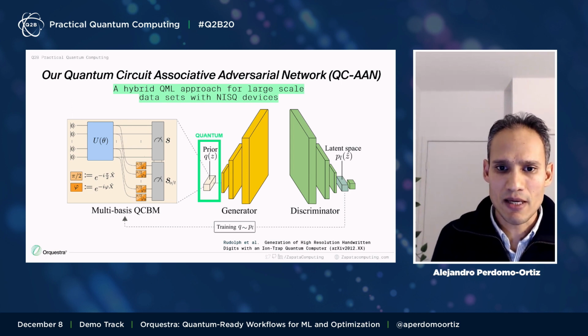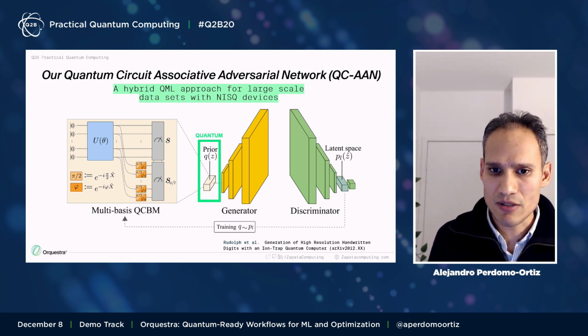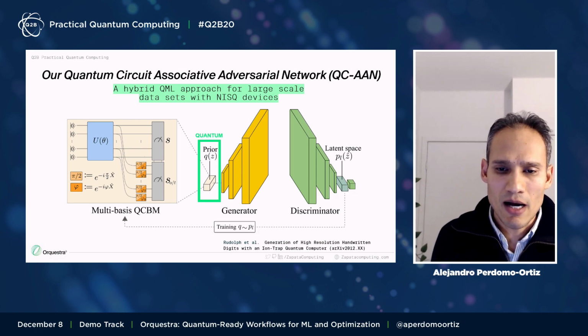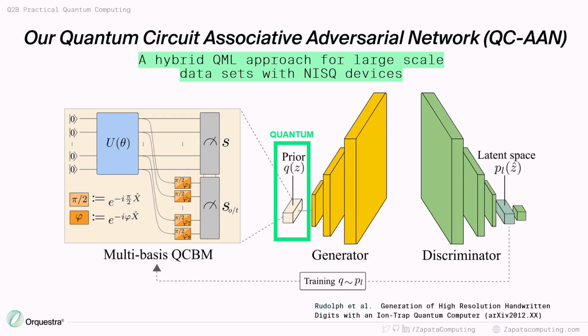You're already familiar from the picture with the generator and the discriminator. Notice that we are replacing the prior of the network with the quantum component. As I mentioned, this idea of working with the reduced dimensionality space is an idea that we proposed about 3 years ago, and that's the best way to cope with the limitations of these NISQ devices that are very small in scale.